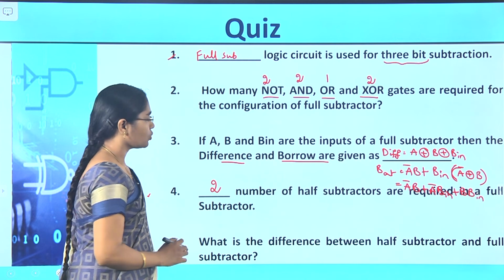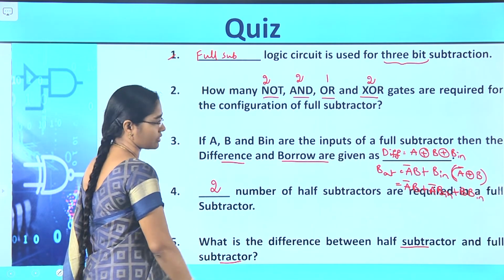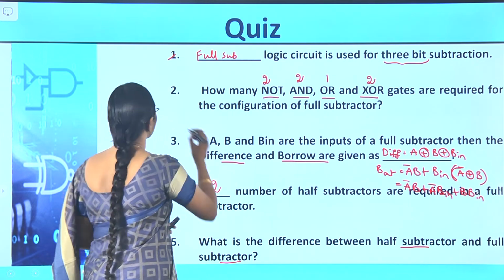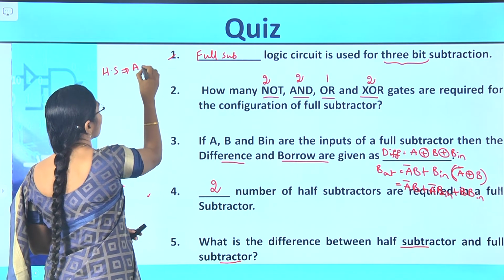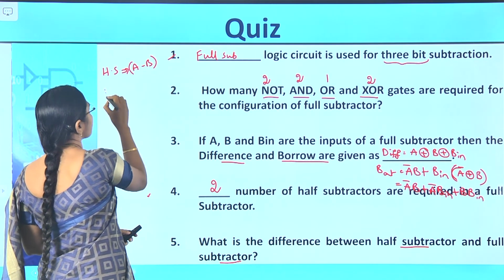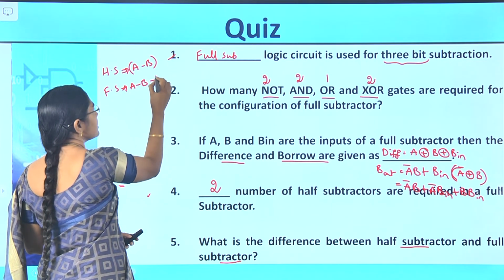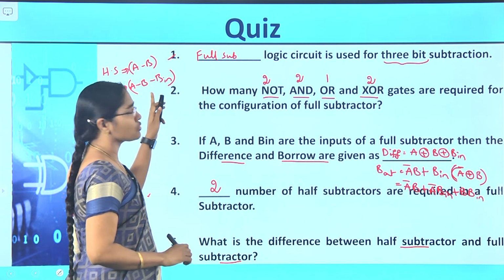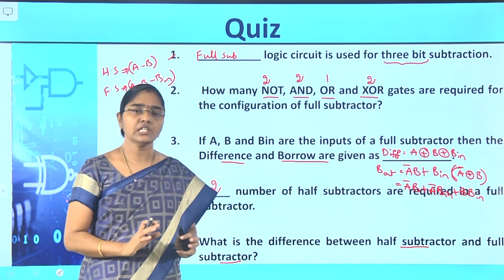Next one, what is the difference between half subtractor and full subtractor? The difference is that a half subtractor is subtracting A minus B only, and a full subtractor is subtracting A minus B minus B in. Means 3-bit subtraction is done by the full subtractor and 2-bit subtraction is done by the half subtractor.